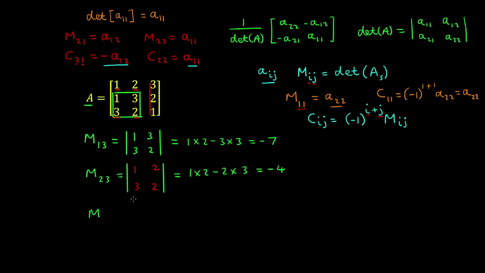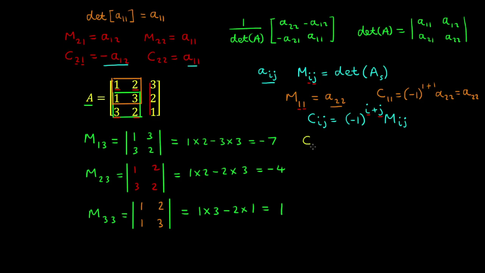And the minor of the entry in row 3 column 3 is the determinant of the submatrix with row 3 and column 3 removed. So what we're left with is the following submatrix. So the determinant of this submatrix is 1 by 3 minus 2 by 1, which is 1.